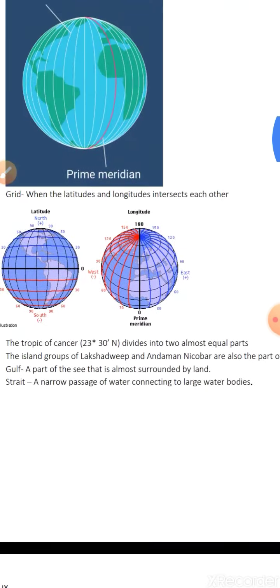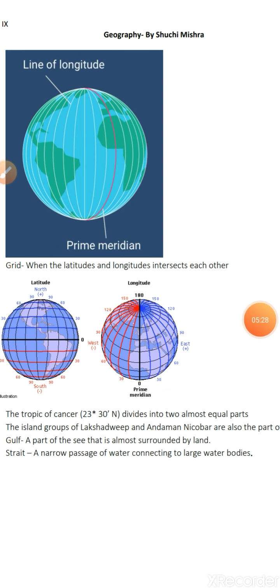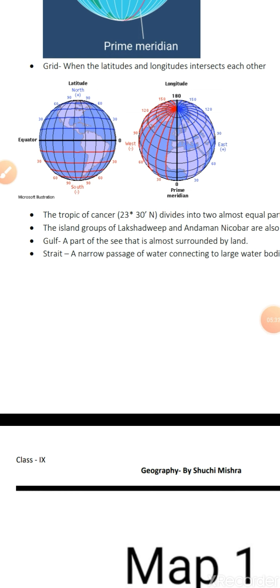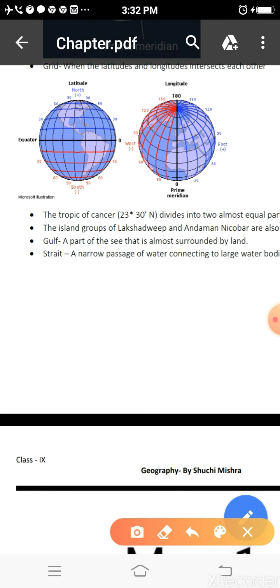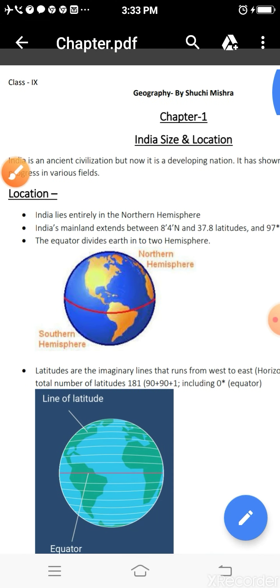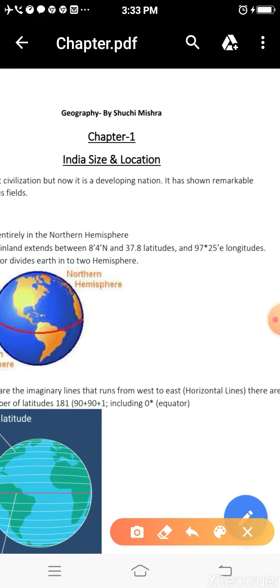After this, children, some students were getting confused about how to read the degrees and minutes. As I have given here, it is written on this line: 8 degree 4 minute.